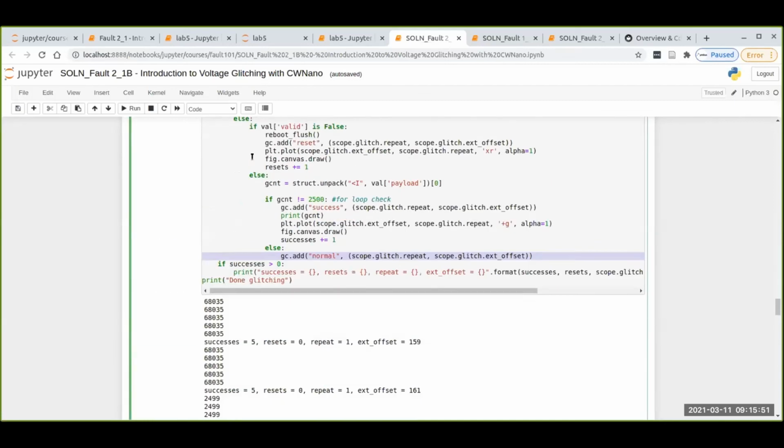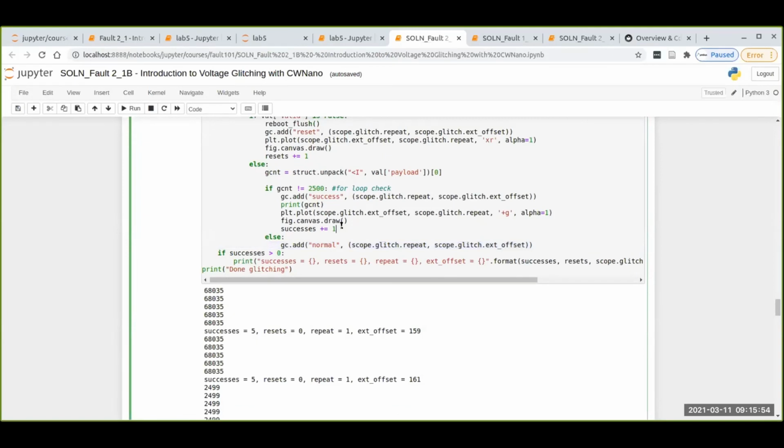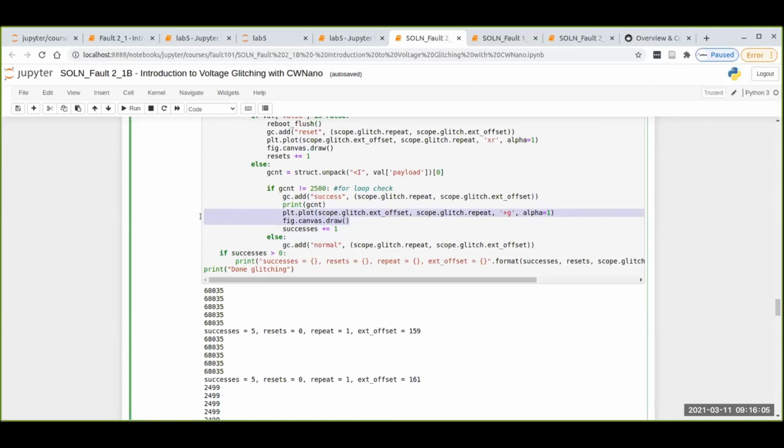If you really want to see it, for your own fun, you can plot more, but don't print everything because that's going to be a lot. You can plot an additional one.